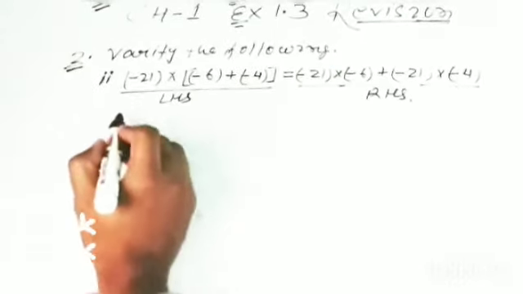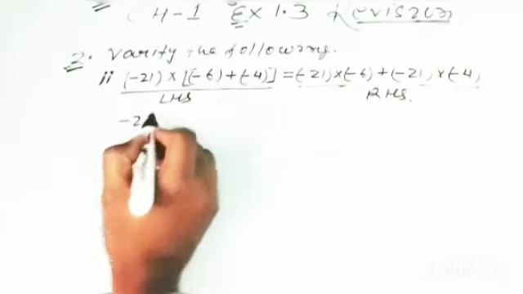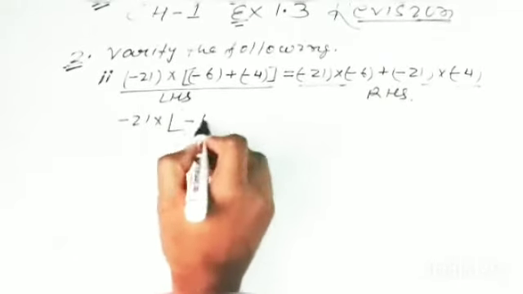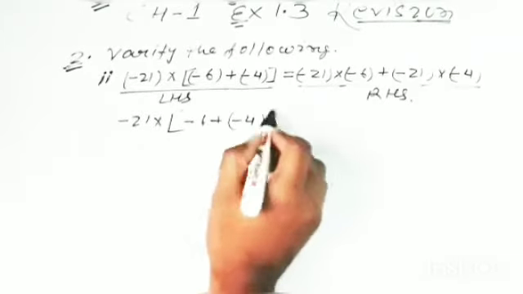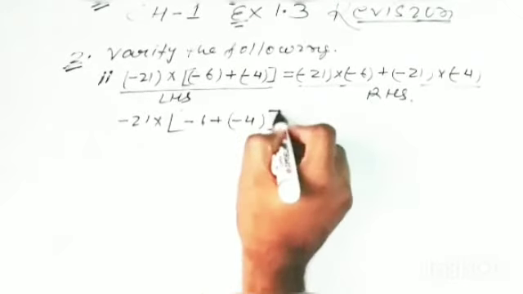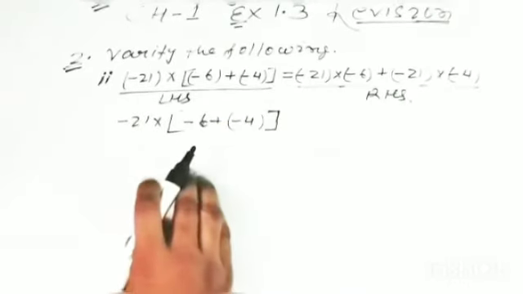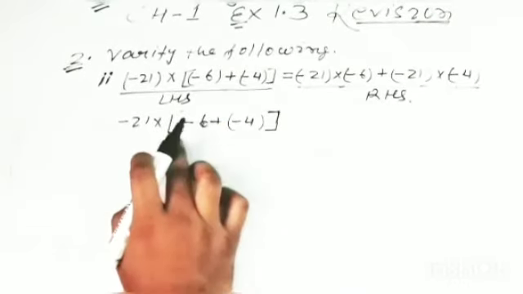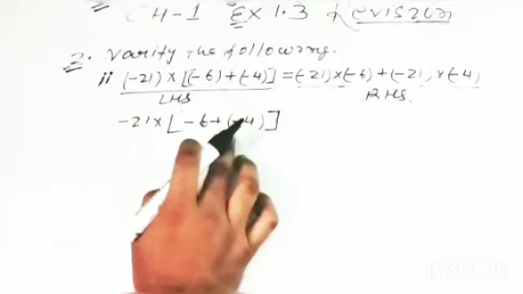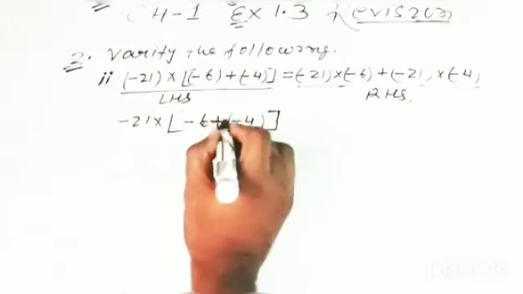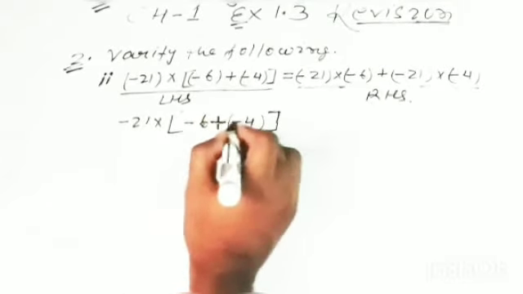So let's first take the LHS. First let's write the LHS, what it is. Minus 21 into, there is a bracket, minus 6 plus minus 4, bracket closed. We know children, while simplifying, we have to solve the part written inside the bracket first. Inside the bracket, first we have to multiply these 2 signs.